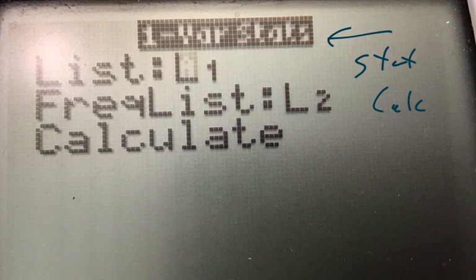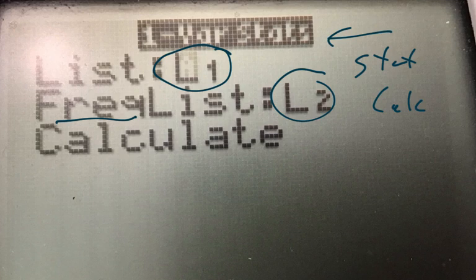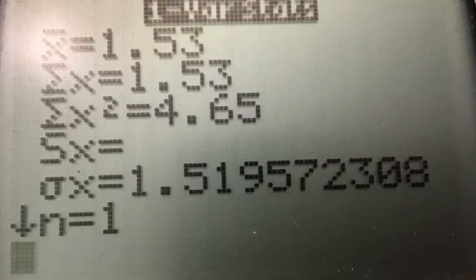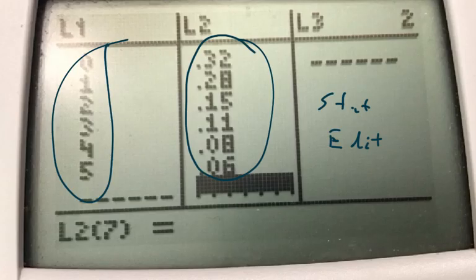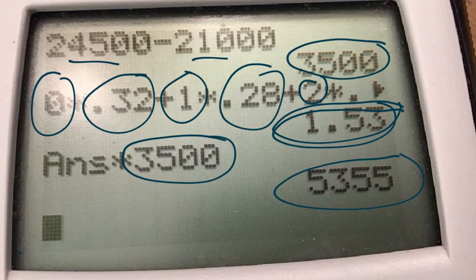And list 1, of course, is our data. List 2 is our frequency list. And we would calculate. And that would be a clever way of getting the 1.53. And then, of course, we would still take that 1.53 times the profit per hybrid and get 53.55.